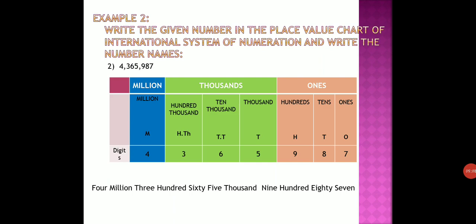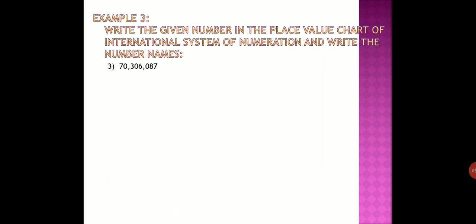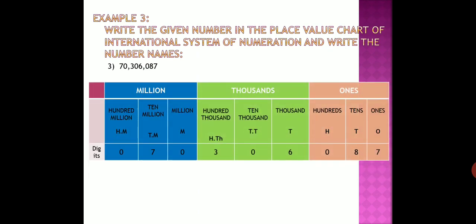Now let us move to the next example. Here you can see an 8-digit number is provided in the question. So what are we going to do? We are going to draw a place value chart of the international system. That is ones, tens, hundreds, thousand, 10,000, 100,000, million, 10 million, 100 million.